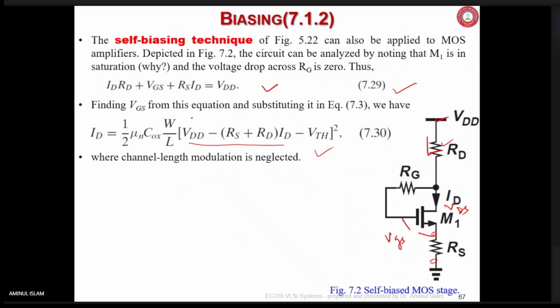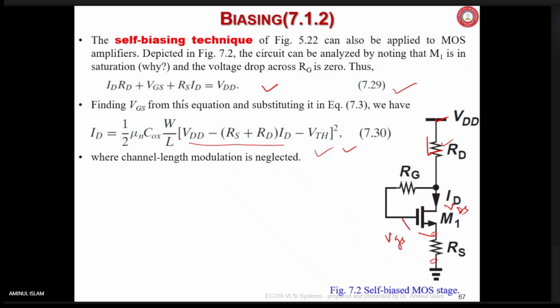Finding VGS from this equation and substituting in the earlier equation 7.3, we can have this equation. 7.3 is the current equation of the MOSFET. So from here you can find the value of VGS.